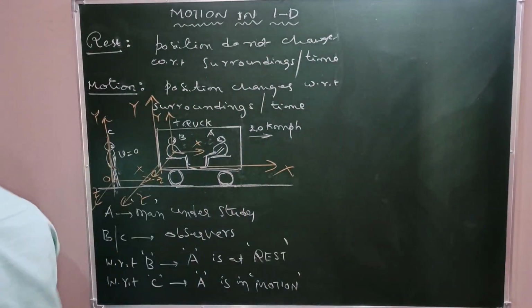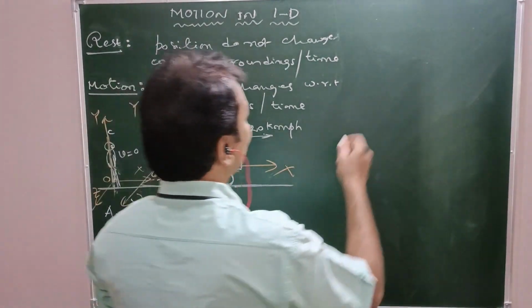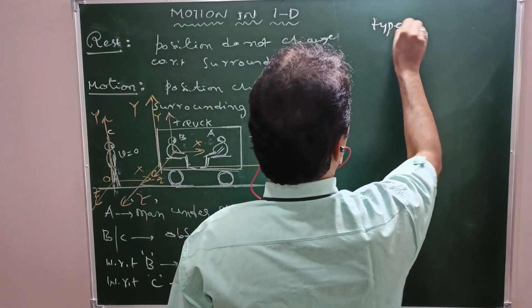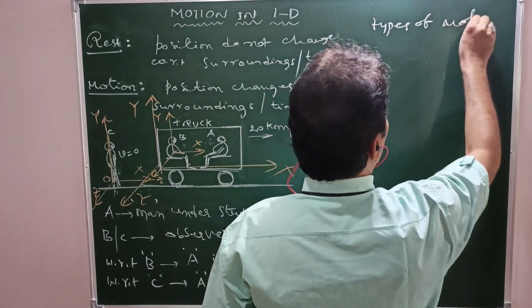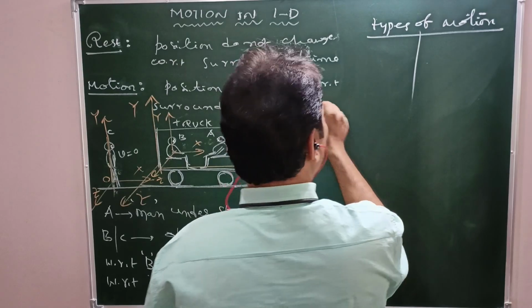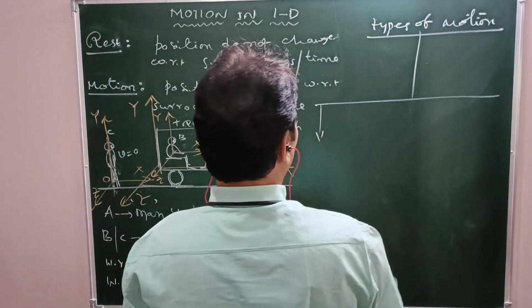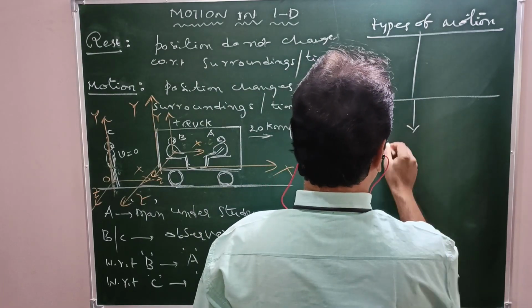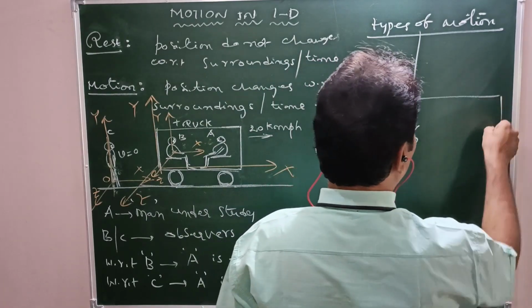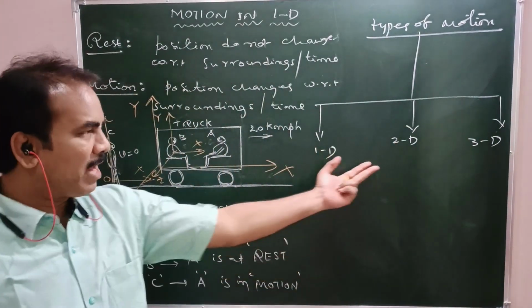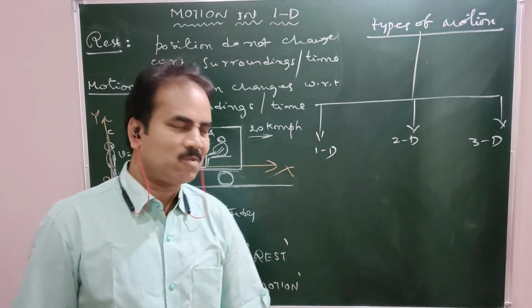Am I right? First, types of motion. We have three types: one-dimensional, two-dimensional, and three-dimensional motion.